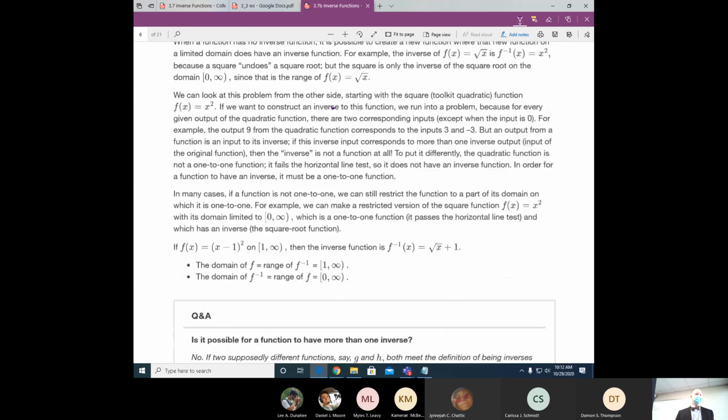And that's why one-to-one becomes so important, because I have to have an input. If I have two corresponding inputs give me the same output, then I've got a problem. One-to-oneness fails, and then I don't have a function. If I don't have one-to-oneness, I don't have a function.